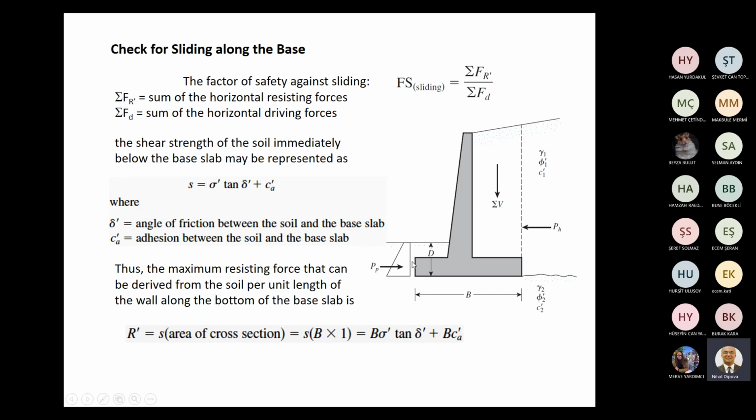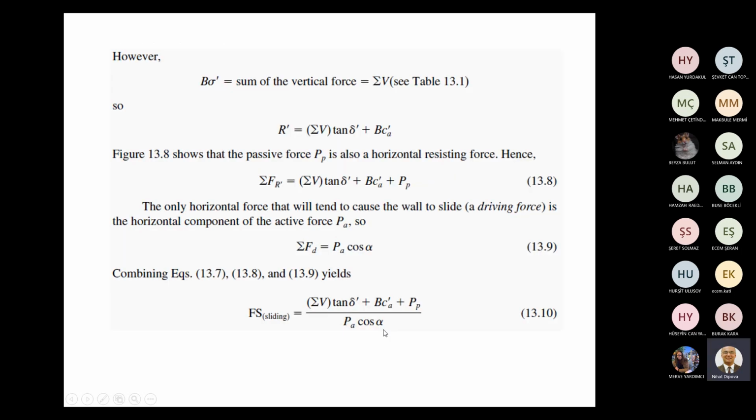So this PP resists this PH. The only horizontal force that will tend to cause the wall to slide is the horizontal component of active force, as I said before. So the final equation for safety factor for sliding can be calculated using this equation.